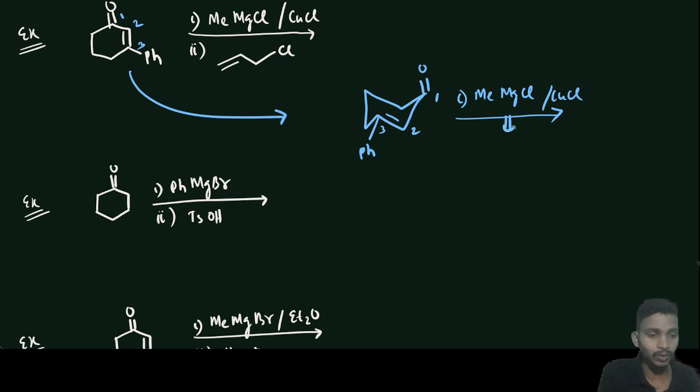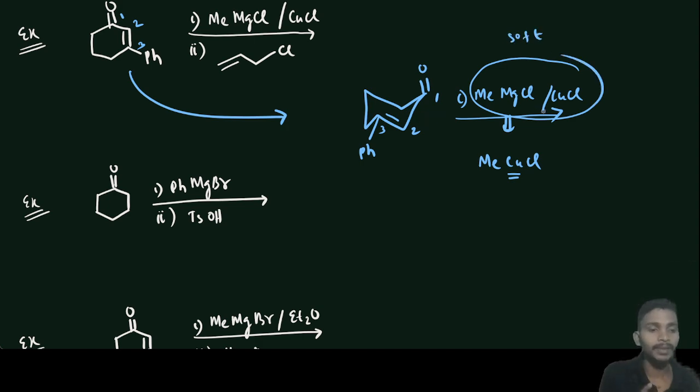So what you will get is MeCuCl. The magnesium and copper exchange. Now we have copper, and the size of copper is very big, so the overall reagent becomes a soft reagent.